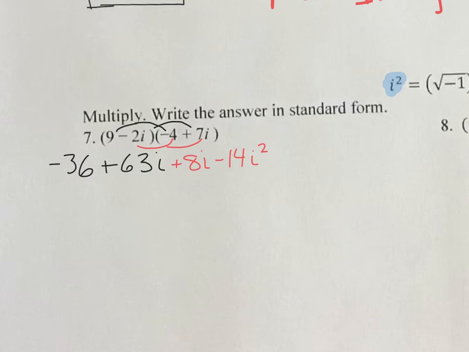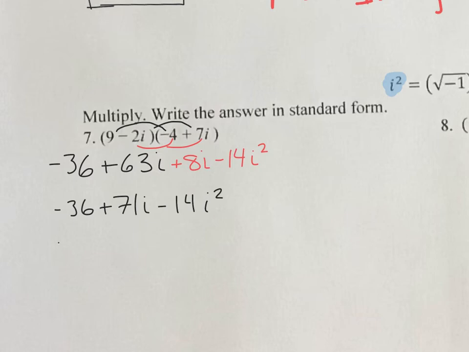Now you just combine like terms like we did previously with the adding and subtracting. So we have ourselves a negative 36, which doesn't have any like terms, but 63i and 8i can combine. And so that's going to give us 71i, and then my minus 14i squared. Now, we just got done saying that i squared equals a negative 1.